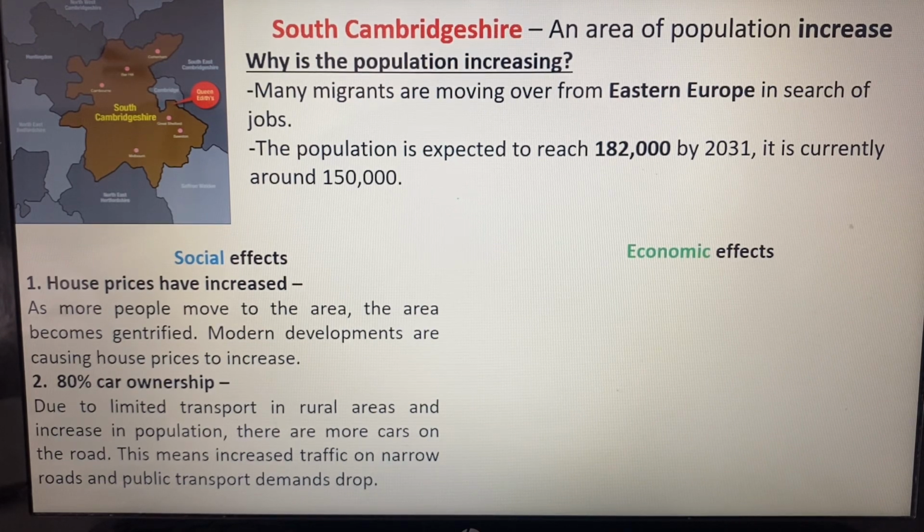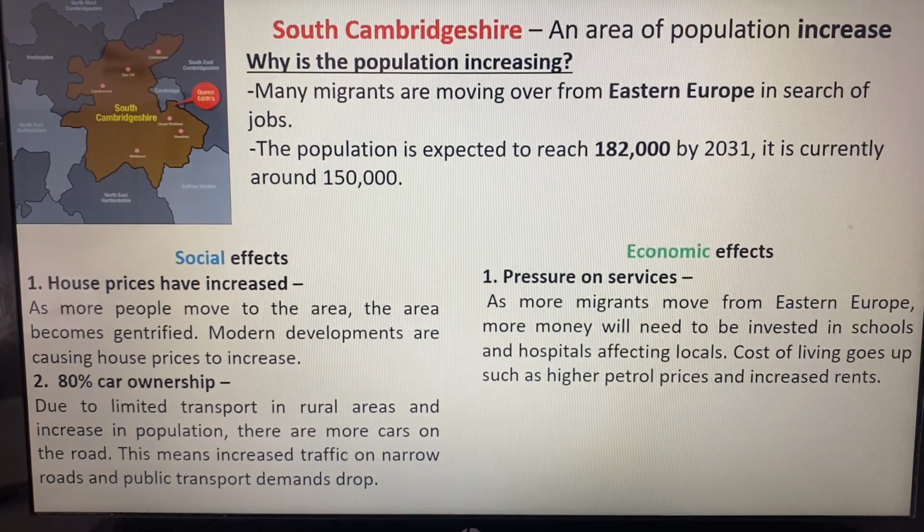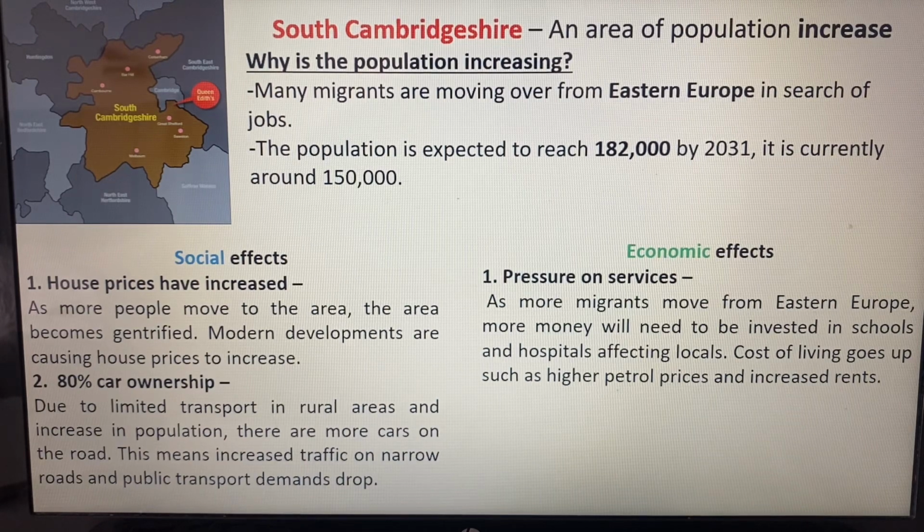Economically, let's think in terms of money. There's pressure on services. Lots of migrants moving into an area means the cost of living goes up generally, and hospitals and schools might have more waiting lists. Things generally go up in terms of rents and stuff. So that's a negative thing in an area where lots of people move in.